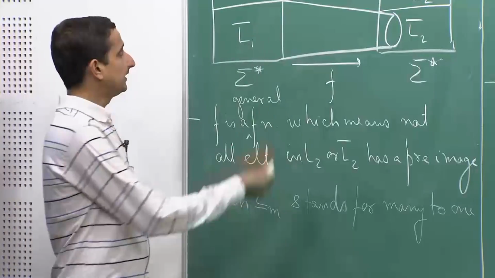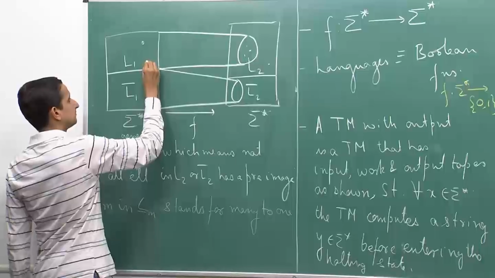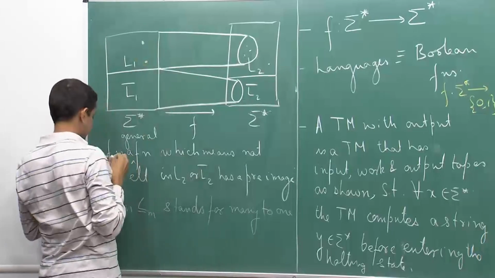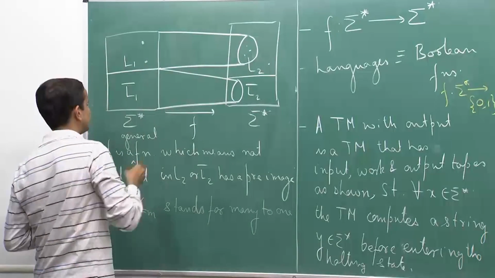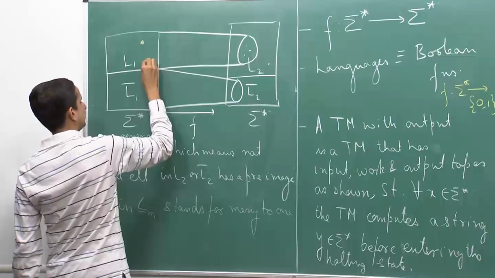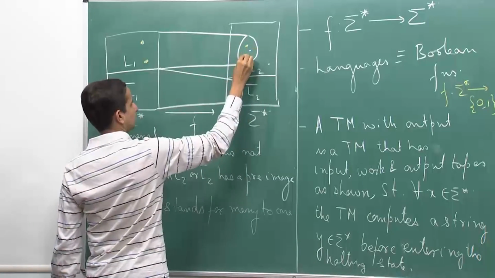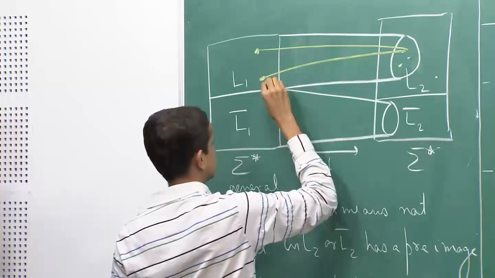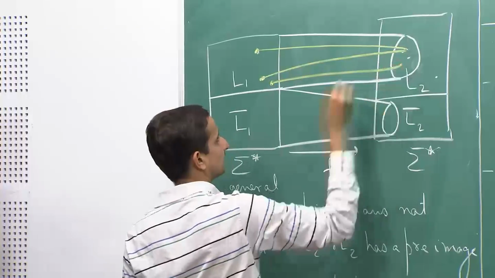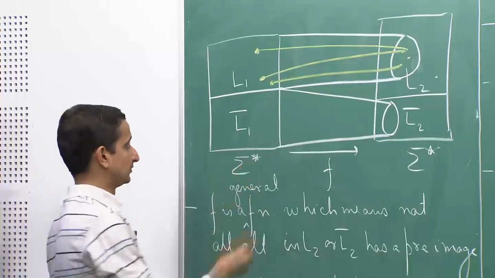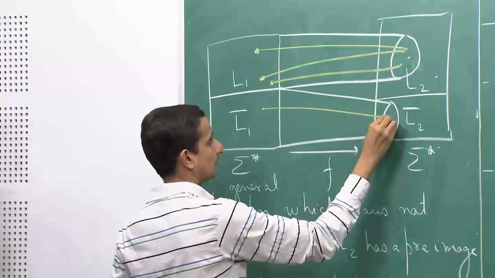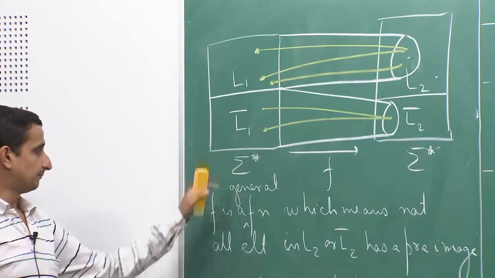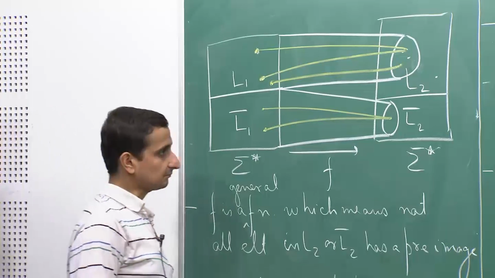It essentially means that there can be many strings, let us say in L1, which get mapped to the same string in L2. For example, I can have a string here and here, and maybe both of these get mapped to this one. The same thing can happen here also. So it's a many to one function.